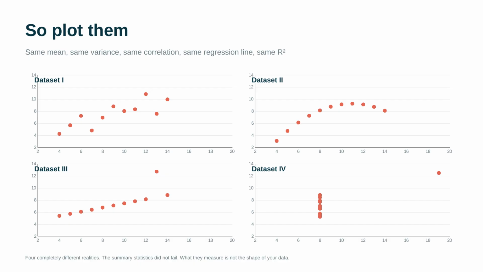Dataset 4 has X fixed at 8 for 10 of the 11 points, and 1 point sitting far away at 19, and that single point is generating the entire correlation. Take a moment with this. Same mean. Same variance. Same correlation. Same regression line. Same R squared. 4 completely different realities. The summary statistics did not fail. They reported exactly what they measure. The problem is that what they measure is not the shape of your data.